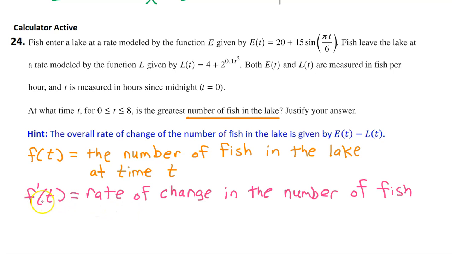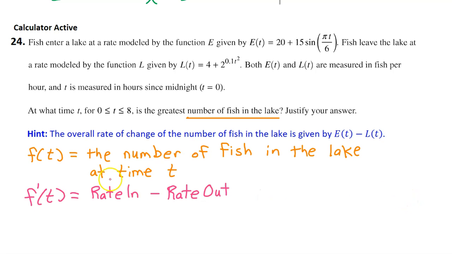In that case, f prime would represent the rate of change in the number of fish in the lake at time t. Now here's the key. On a rate in, rate out problem, the overall rate of change is given by the rate in minus the rate out.